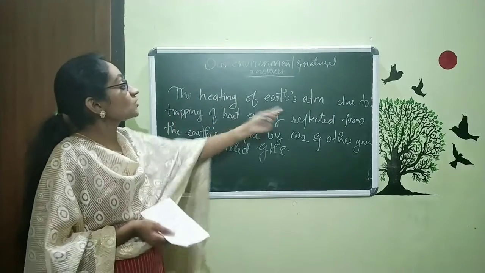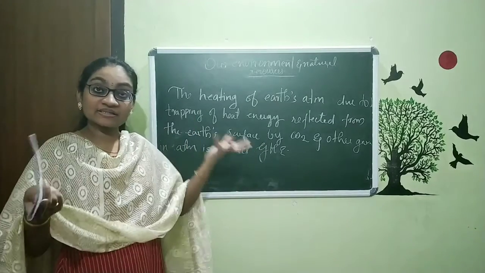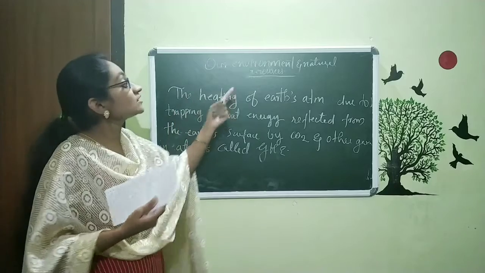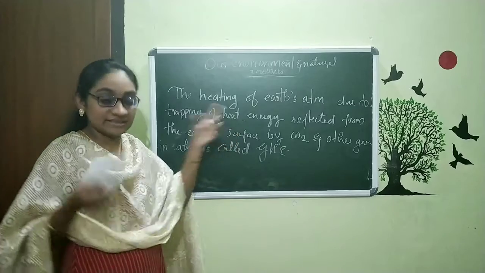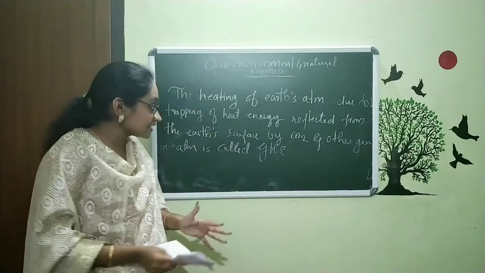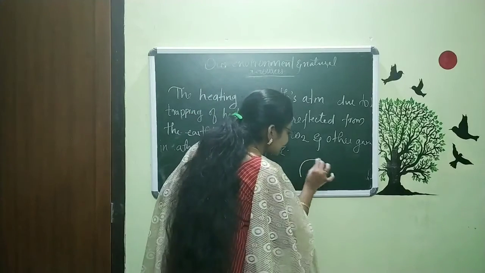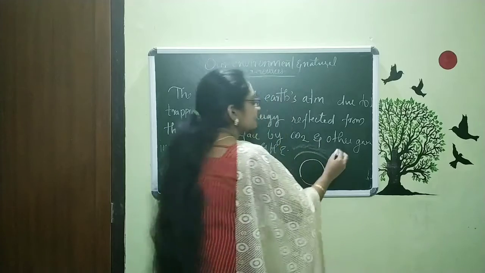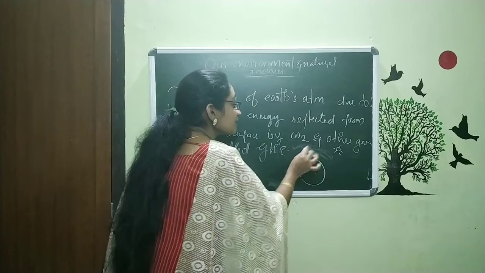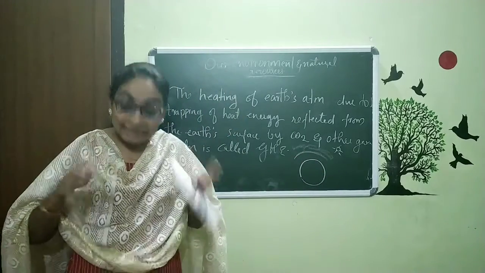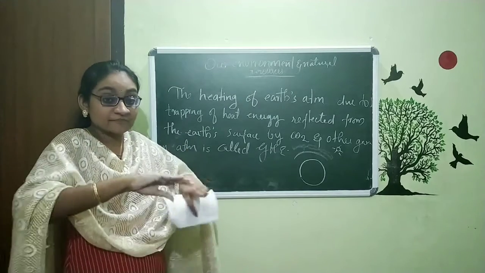The heating of Earth's atmosphere. Actually, we already said that this greenhouse effect is the increasing of the temperature. So the heating of Earth's atmosphere due to trapping of heat energy. Here we are trapping the heat energy reflected from the Earth's surface. We already said that our Earth has a number of atmospheric layers, and our sun is there. So our atmosphere is getting heated due to the trapping of heat energy reflected from the surface of Earth.